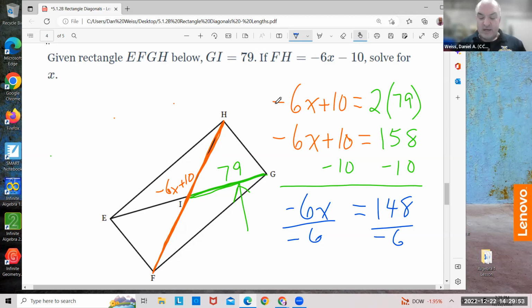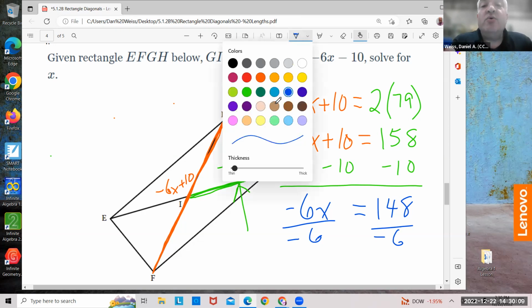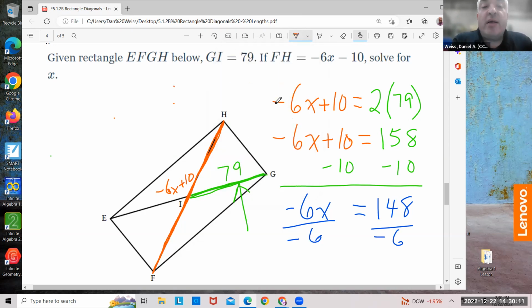Hold on, let's see what I did wrong. 2 times 79 is 158. 158 minus 10 is 148. Oh, look at what I did wrong. Okay, let's fix it. Who sees what I did wrong? You probably are screaming at me. Weiss, look what you did. This is 6x minus 10, right? Sorry, this is 6x minus 10.